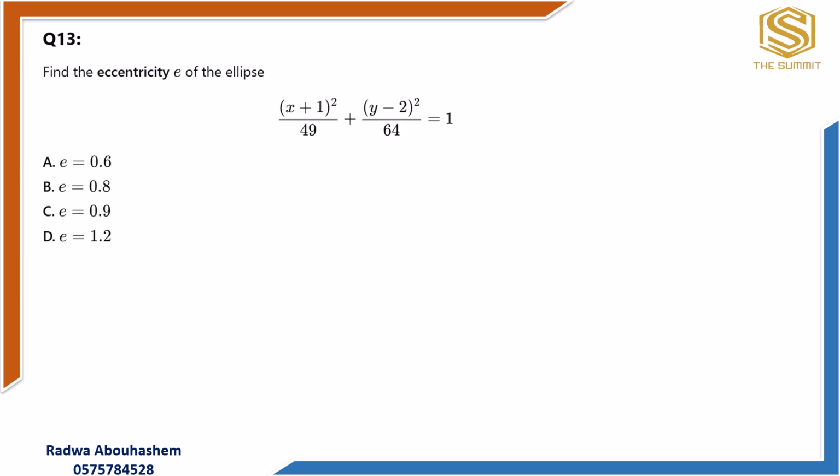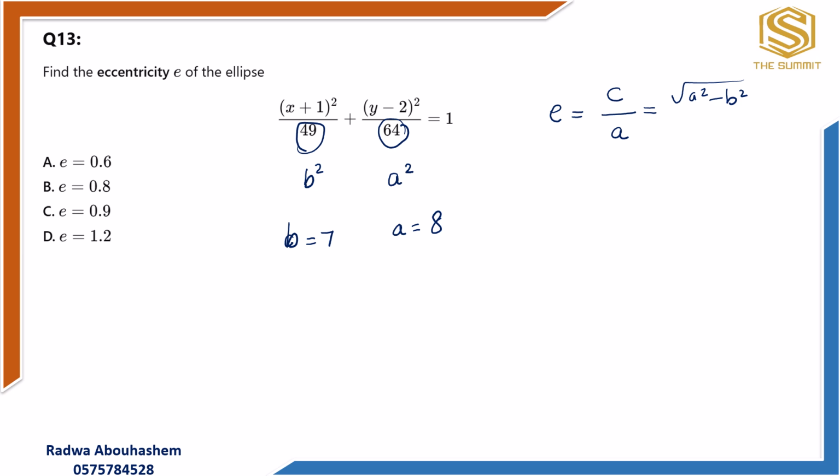Find the eccentricity of the ellipse. Remember the rule of the eccentricity. The eccentricity equals c over a. And c equals the square root of a power 2 minus b power 2. And this is b power 2, and this is a power 2. As we agree, a is greater than b all the time. So the b here is 7, and a here is 8.